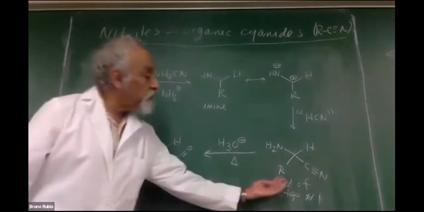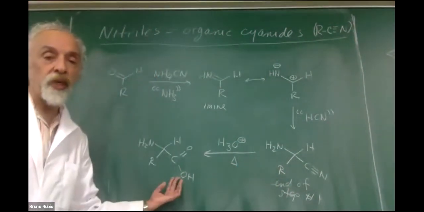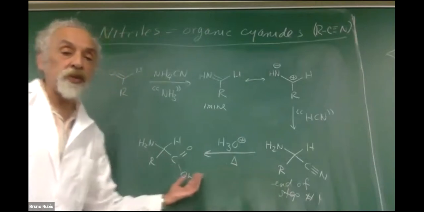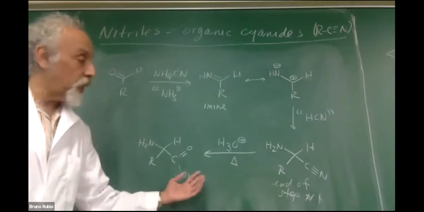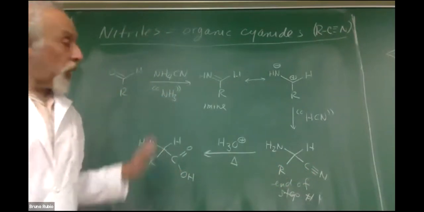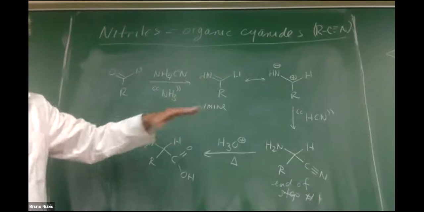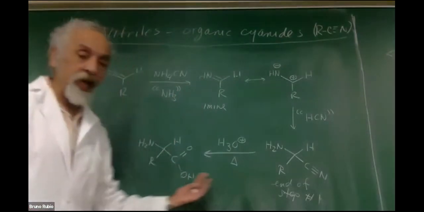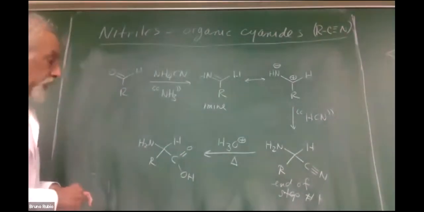Okay, this chemistry here is new. So we want to talk about the mechanism and characteristics of this reaction, the conversion of a nitrile to a carboxylic acid. All of this other stuff is pretty much old hat. We've seen all of this before. So let's concentrate now on this final step.